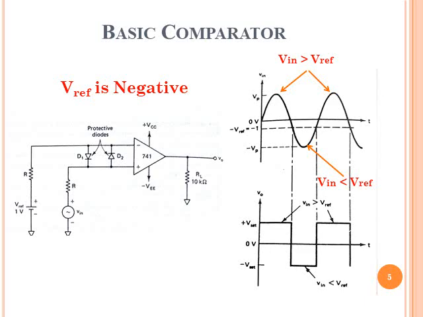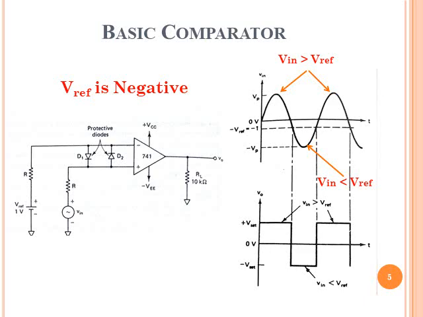In this way, we can convert an analog signal into a digital signal, or a sine wave into a rectangular wave. This is a rectangular wave because the pulse widths of the positive half cycle and negative half cycle are not equal. If the reference voltage is varied, the pulse width will also vary.